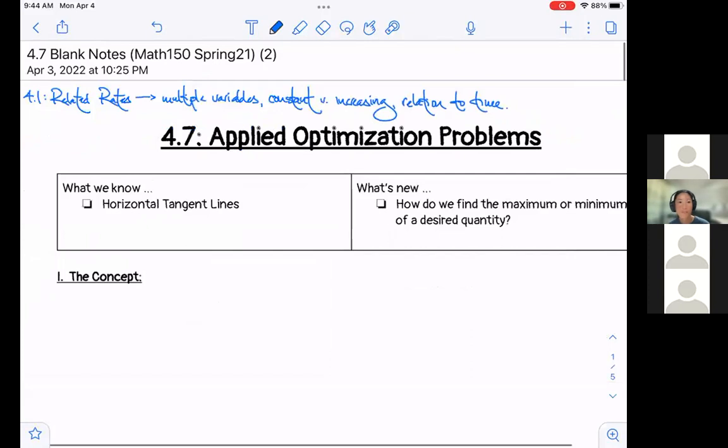So 4.1 maybe had us working with multiple variables, constant versus increasing, and relation over time.